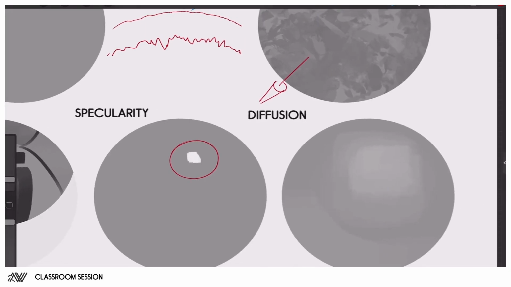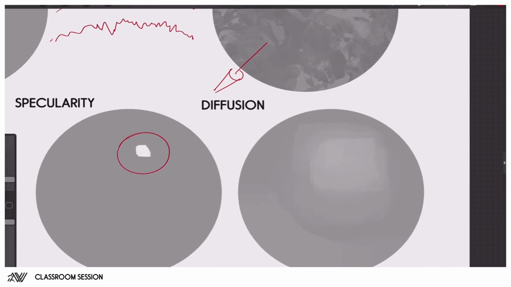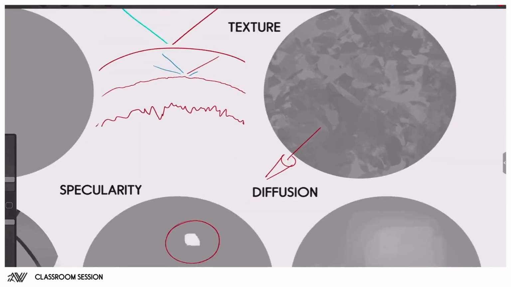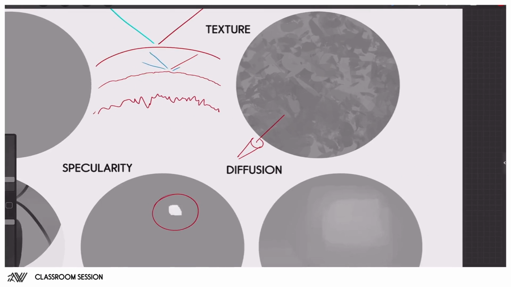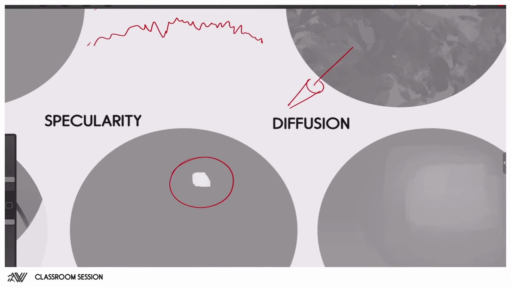Whereas if we have something like a rubber ball or a basketball or a wooden ball, these have high texture, right? Their surface texture is higher, so the light is going to get relatively diffused, meaning that the specularity aspect drops down significantly.